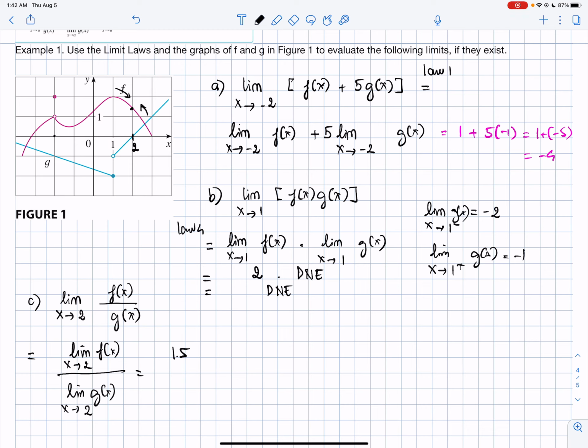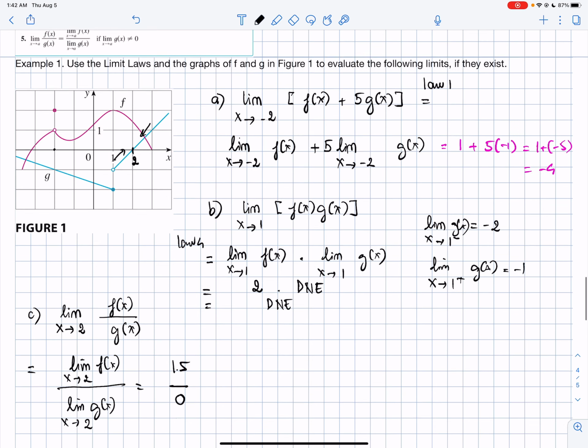And for the function g, when we approach from the right side or from the left side of 2, we got the answer for g of x is 0. So the limit of g of x when x approaches 2, the answer is 0.